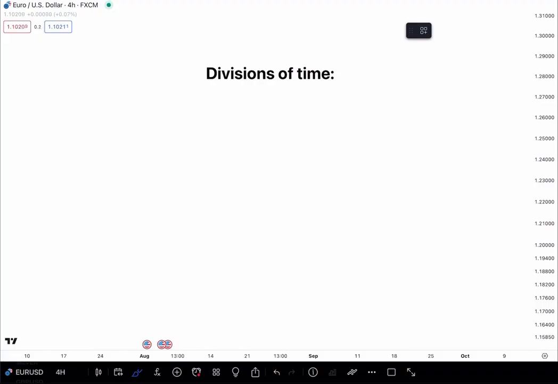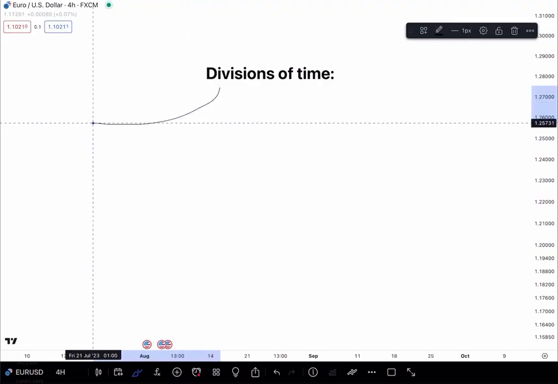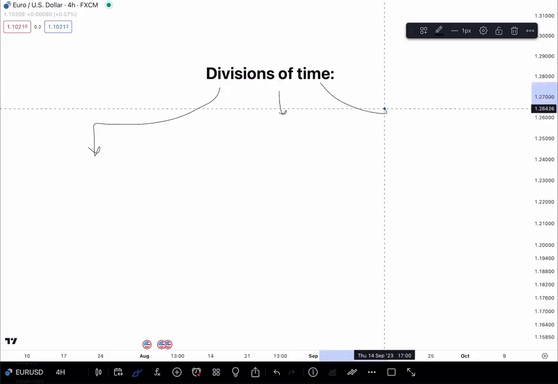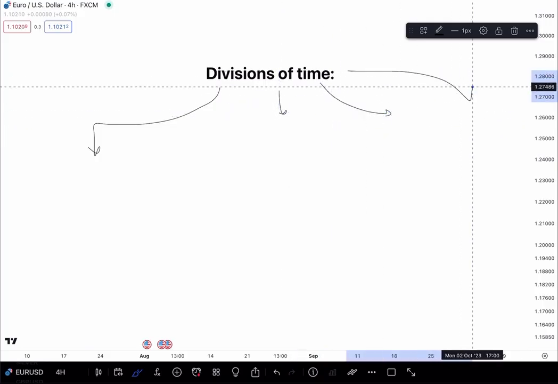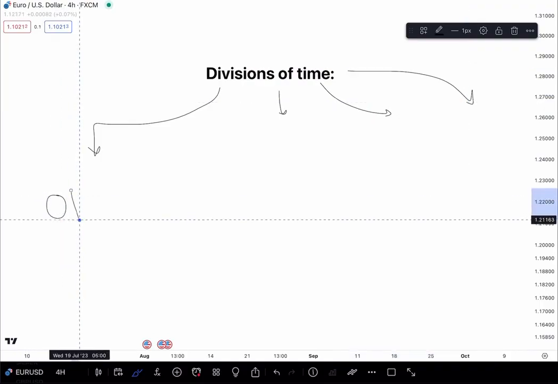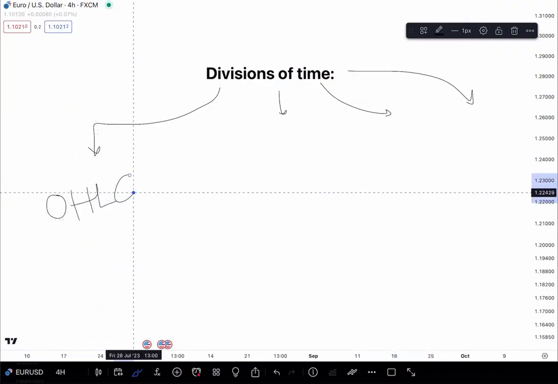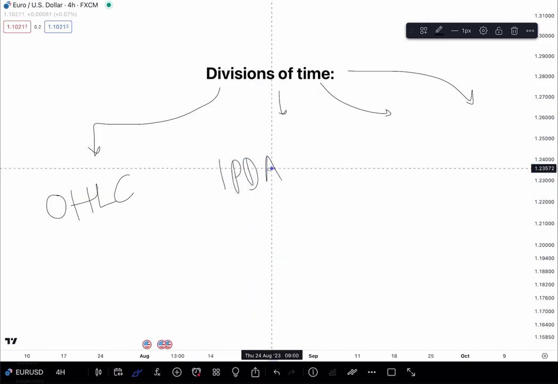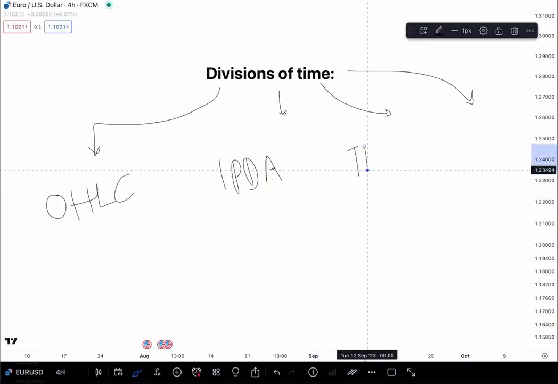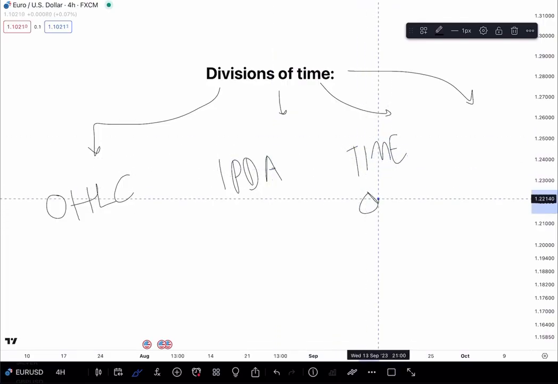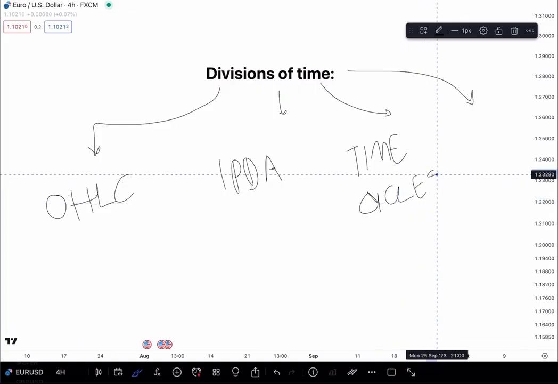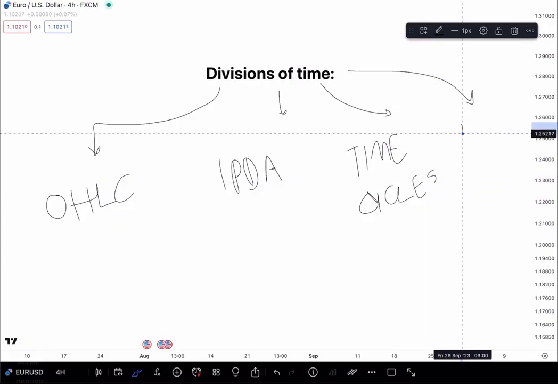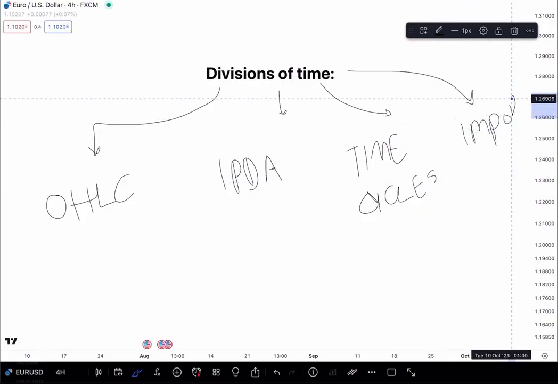When I say time, then I'm referring to either the open, high, low, and close, the IPDA data ranges, time cycles, and important dates for swing traders.